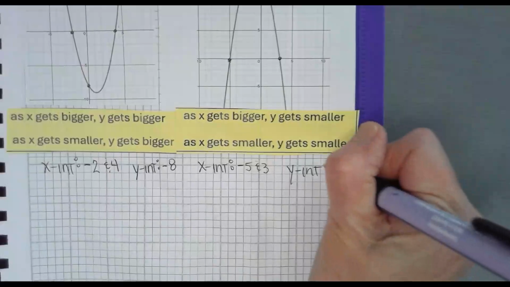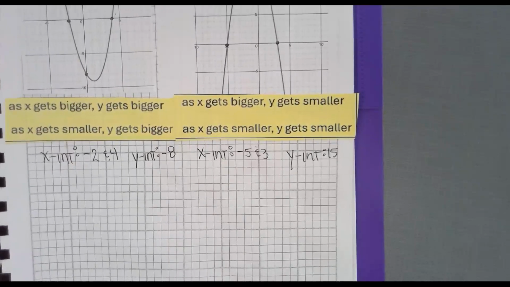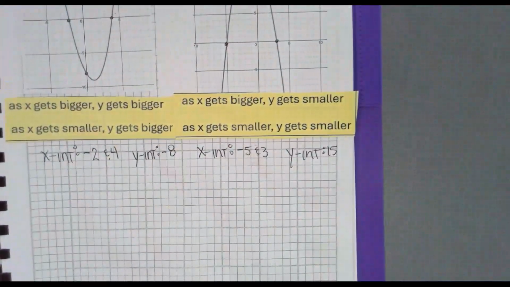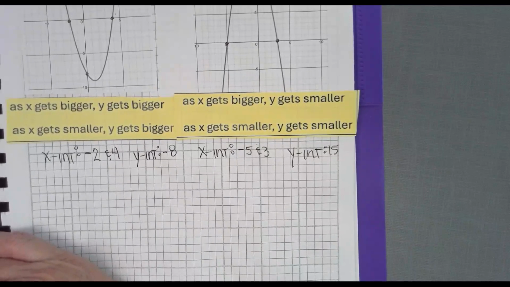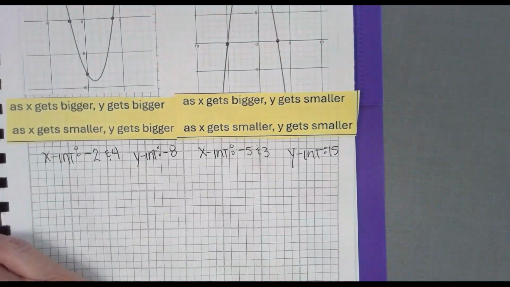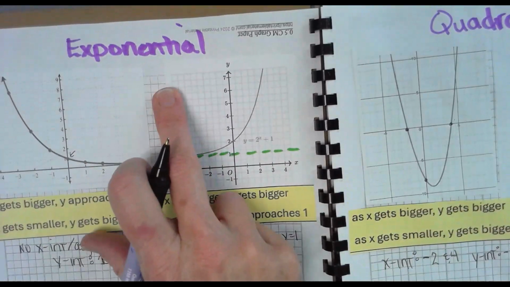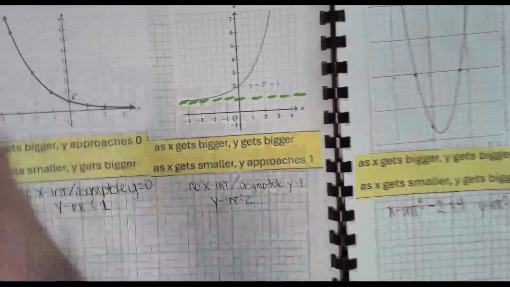Thank you for somebody pulling us through. Y-intercept's 15. With quadratics, you had 2 x-intercepts. That's not random, y'all. With linear, you only had 1 x-intercept. That's not random. That's the way it works. Notice the weirdness here. These particular graphs for our exponential don't even have x-intercepts at all. Do you see the difference in those?